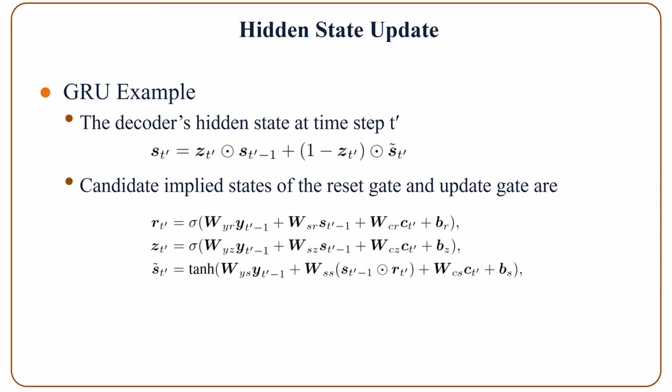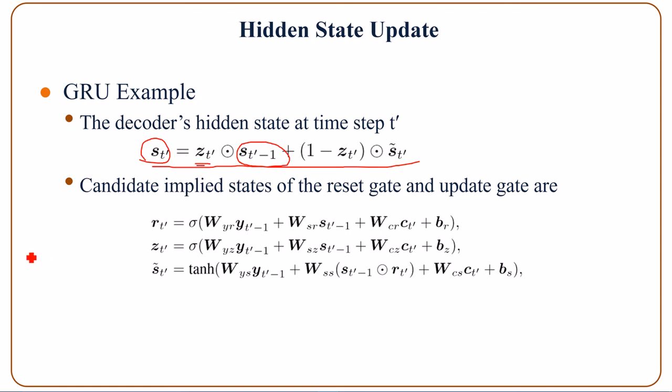How can we update the hidden states? Let's use a gated recurrent unit, or GRU, as an example. This is what we get from the equations of the GRU. The hidden state at the current time step t prime in the output sequence gets some contribution from the previous time step hidden state, and how much of it is decided by the gate.